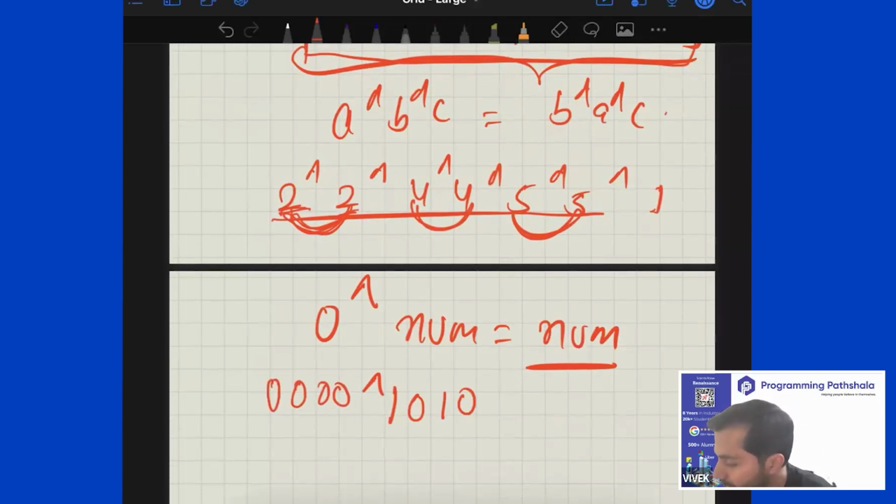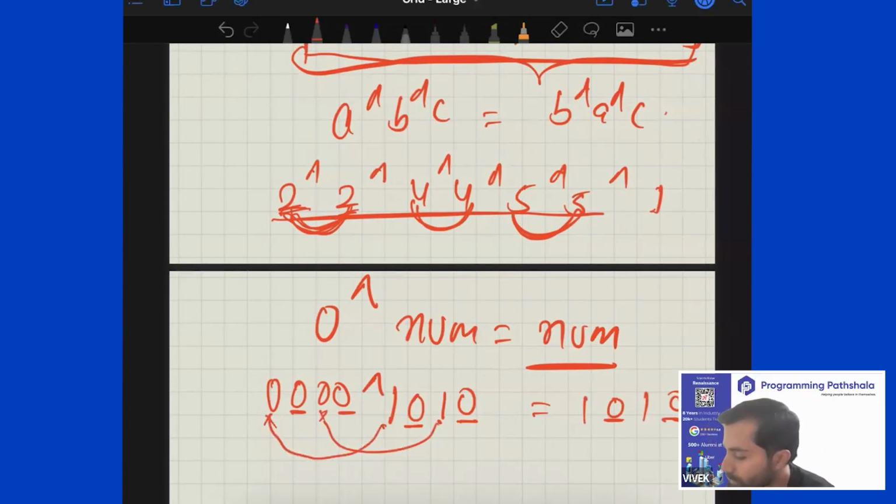So at places where you have 0, of course, you will have 0 here, so what you will generate at those places will be 0 for sure. And at the places where you have 1, you will get 1 here. Why? Because at those positions the other bit is 0, so there is a difference, right? So if you take XOR of a number with 0, the result is that number itself.